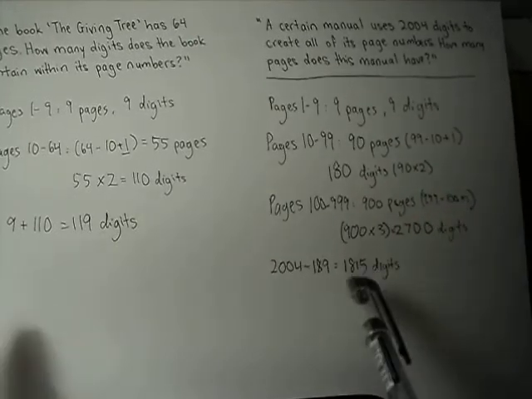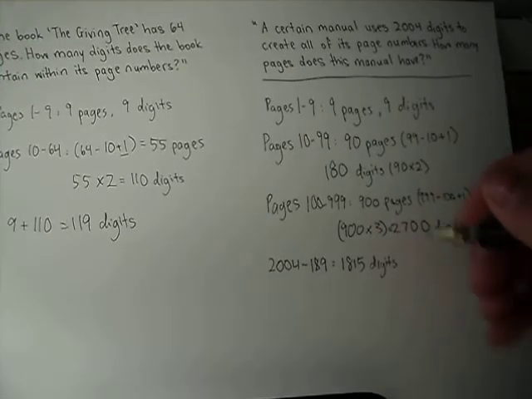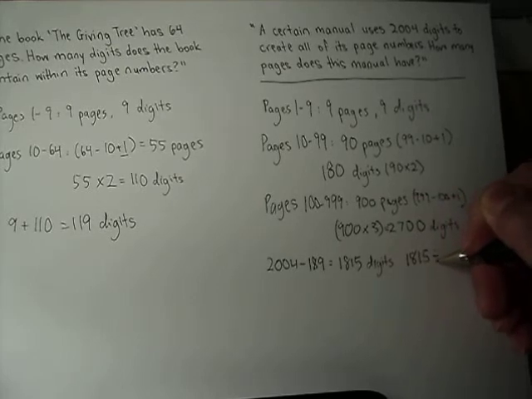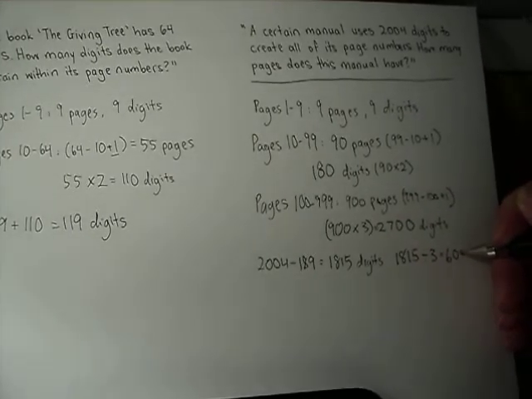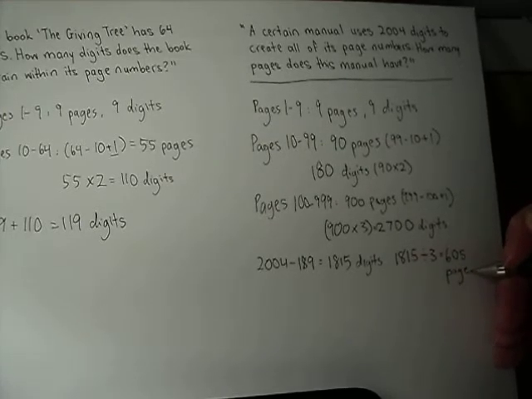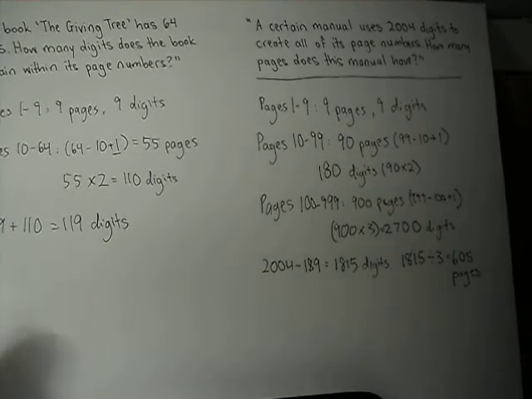Now, these are all digits that are used to make all of the 3-digit page numbers. So how do we get the number of 3-digit page numbers? We can just divide by 3, and that would give us 605 pages. Now these pages represent 3-digit page numbers. Now we're almost done.